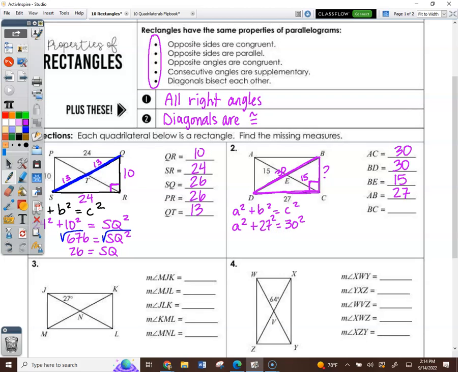Doesn't matter what letter you plug 27 into. Now you've got to solve for a squared. I would subtract the 27 squared over. You need to know what 27 squared and 30 squared are, and then I would subtract that over, and then I would square root it.